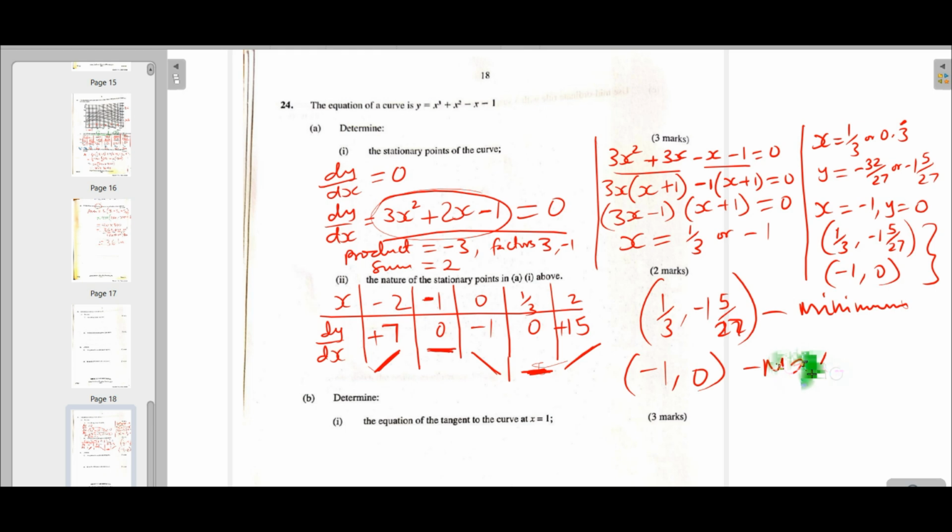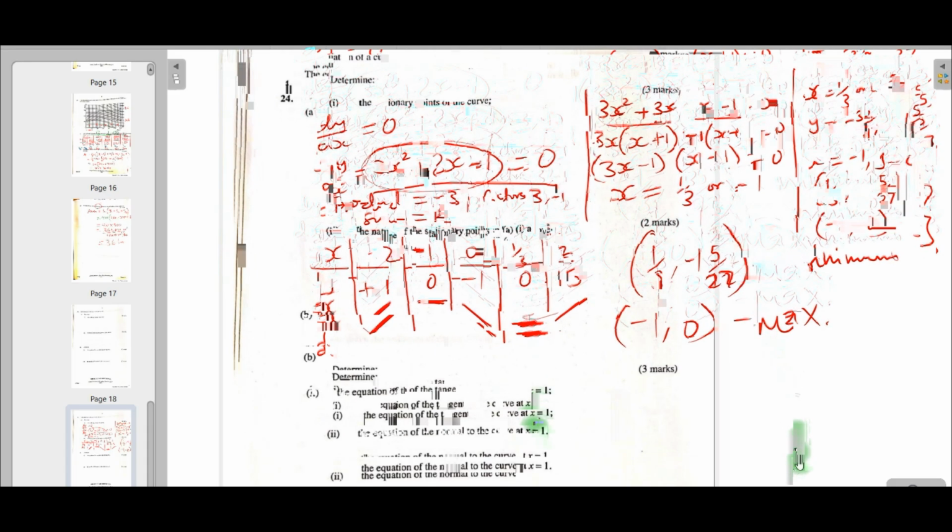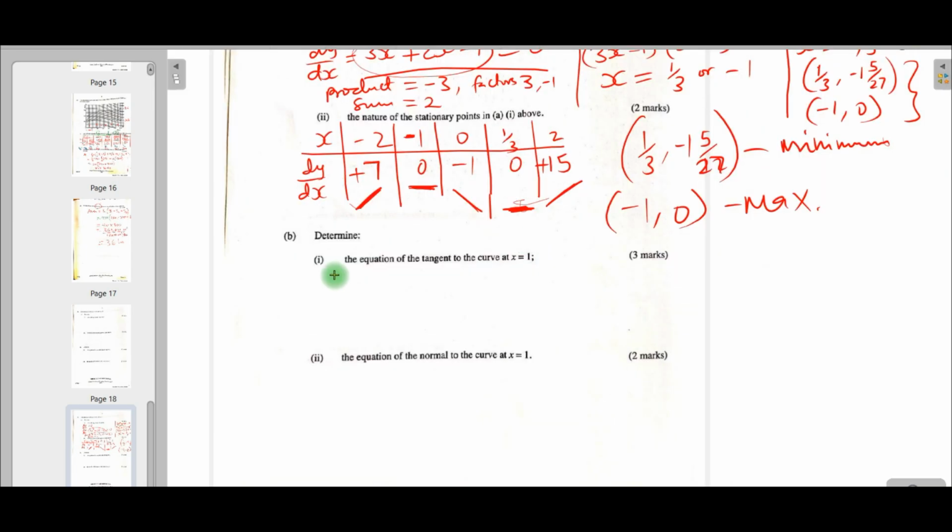Then part B of the question, we determine the equation of the tangent to the curve at x is equal to 1. So at x is equal to 1, the value of y is 0.